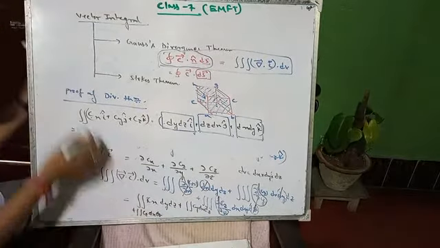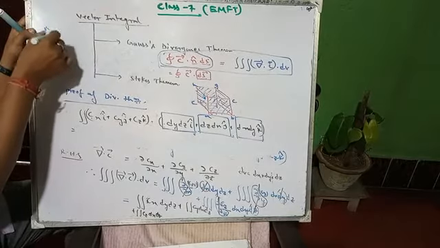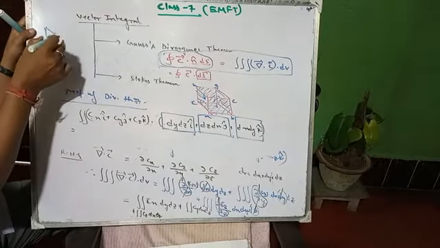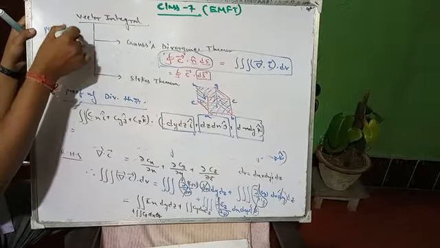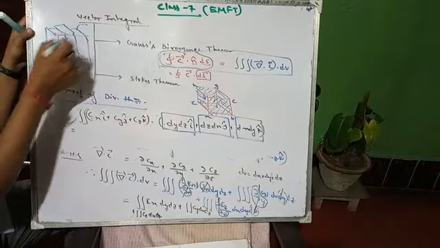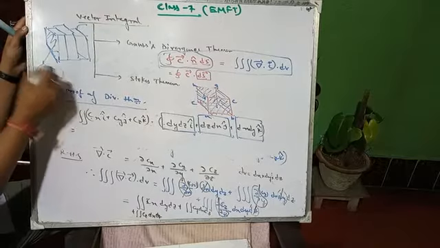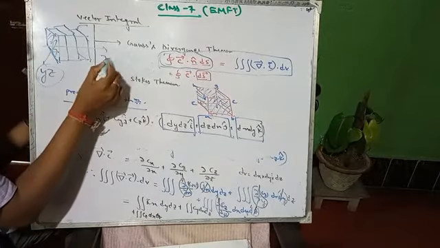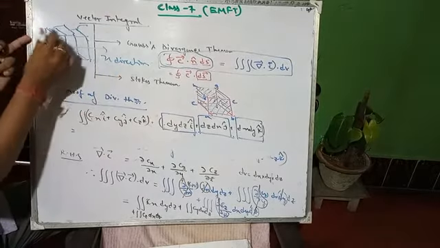Last day I discussed that if we consider a bookshelf, there are many books over it: first book, second book, third book, fourth book. Suppose this surface is the yz surface, and it is increasing in the x direction as the number of books increases.